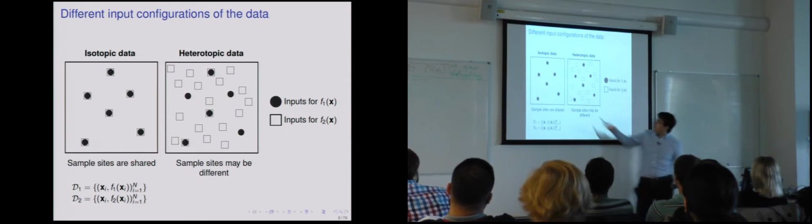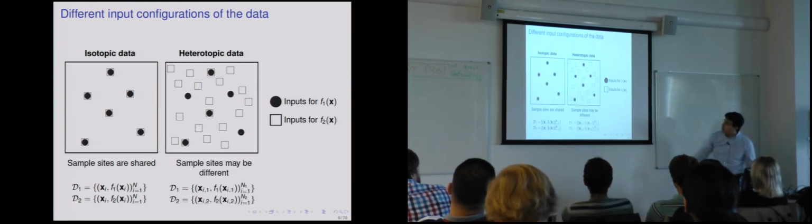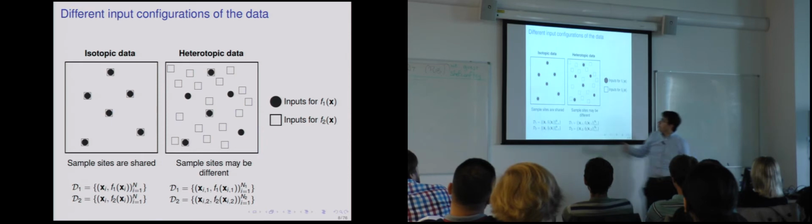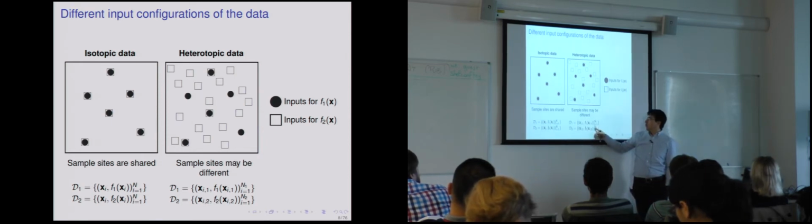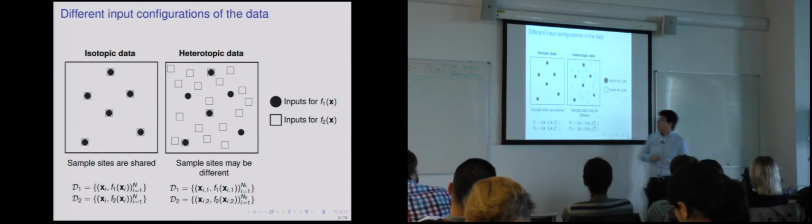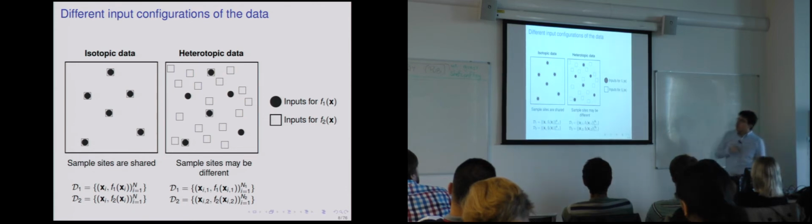You see that there are still some sites that are shared, but I have more observations for the second process, let's say, than for the first process, so N2, the number of points here, could be different to the number of observations here. That's the heterotopic case. Usually we don't talk about this with these terms in machine learning, yeah? All right.